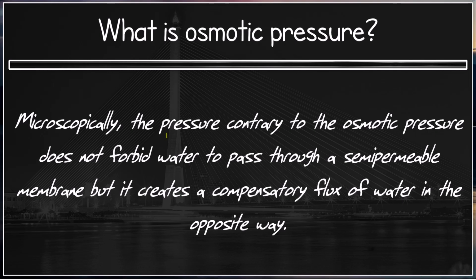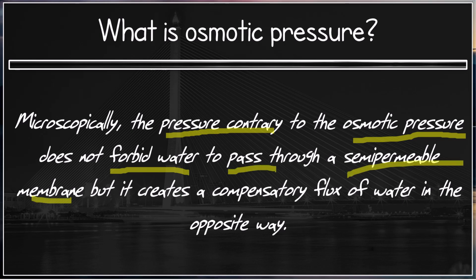Microscopically, the pressure contrary to the osmotic pressure does not forbid water to pass through the semipermeable membrane, but it creates a compensatory flux of water in the opposite way.